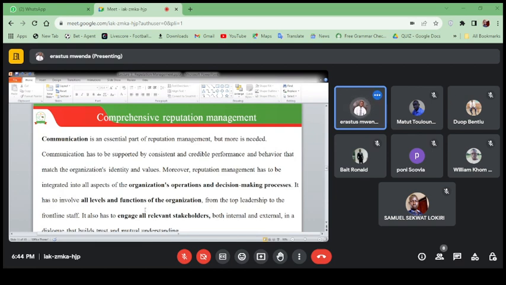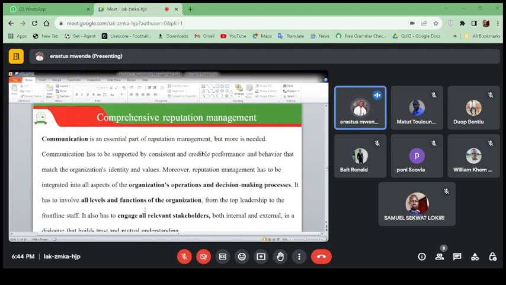Comprehensive reputation management focuses on our levels of consistency and how credible we are in offering our services. It is very important to understand that when we are looking for consistency and credibility, everybody within the organization has to be involved, from the top to those that are very low in the organization structure.